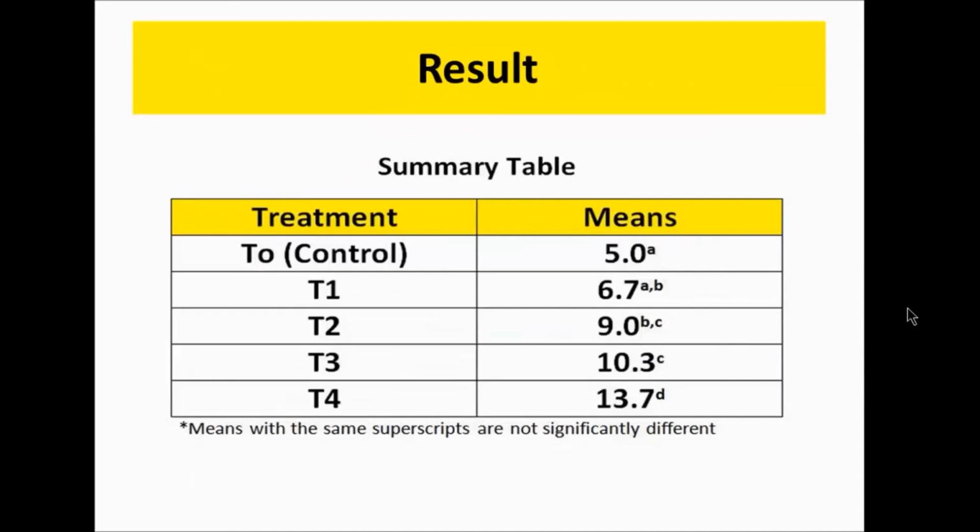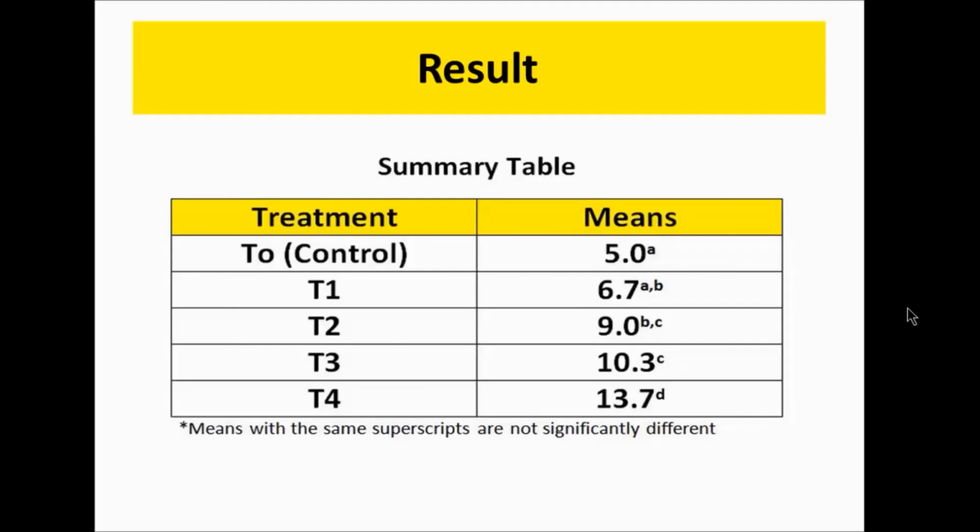We summarize the previous table in making the report. We call this the summary table. We have the treatment in the first column and the means in the second column. The superscripts shown mean that when the letters are similar, they are not significantly different. So we can interpret that treatment 1 and control have the same designated letter A, so they are not significantly different from each other.